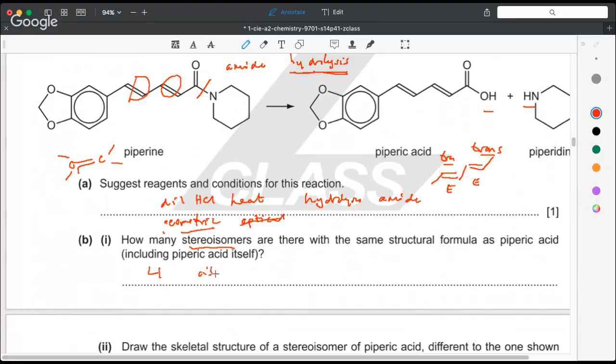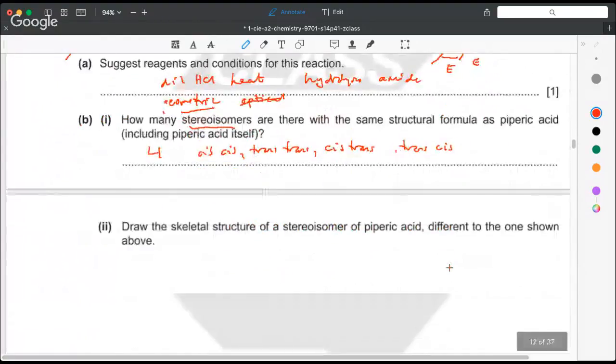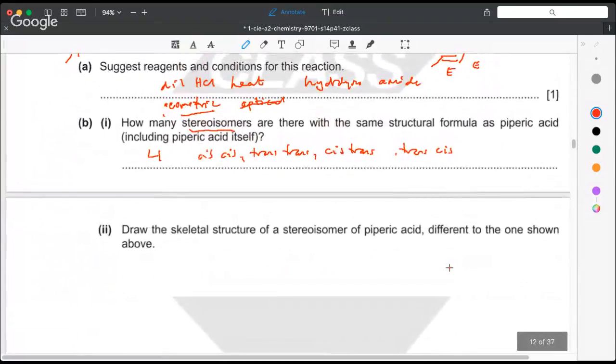You've got cis, you've got trans, which is one that they gave you. You've got cis, trans, and then you've got trans, cis. 4 possibilities. You don't have to list them, but that's what they are. And you've just got to choose one of those to draw.